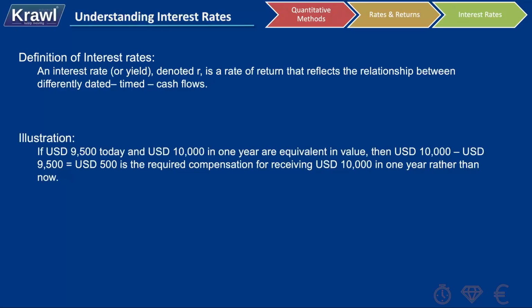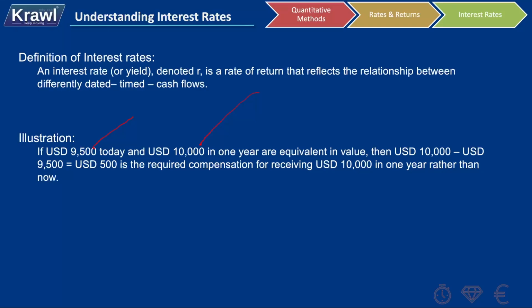If USD 9,500 today and USD 10,000 in 1 year are equivalent in value, then we are speaking about an interest rate on an amount of 9,500 which makes this amount equal to $10,000 at some point in the future. In this illustration, we are speaking about a number today, which is 9,500 USD, and a number sometime in the future, which is 10,000 USD.